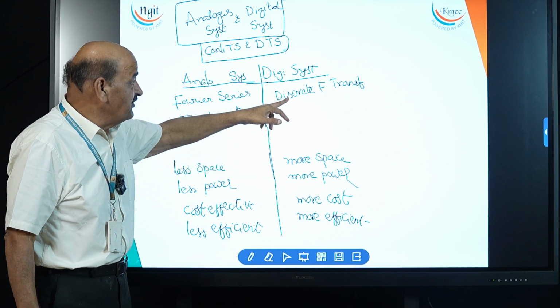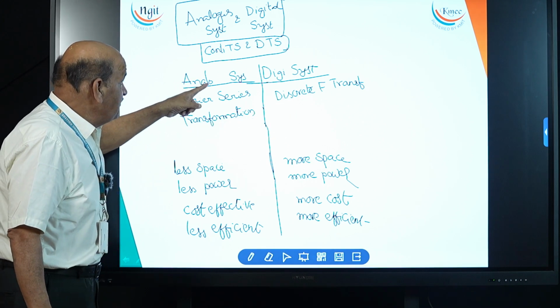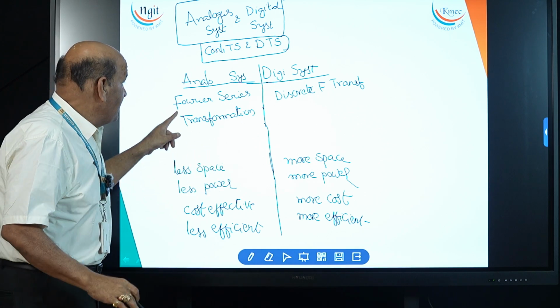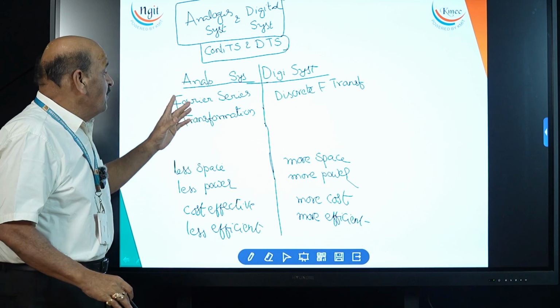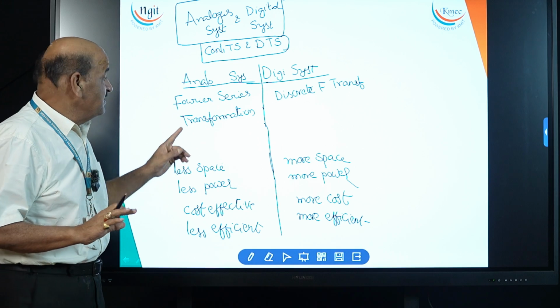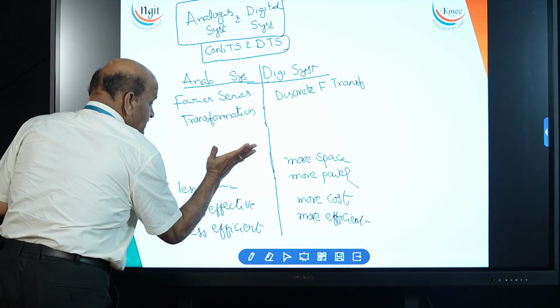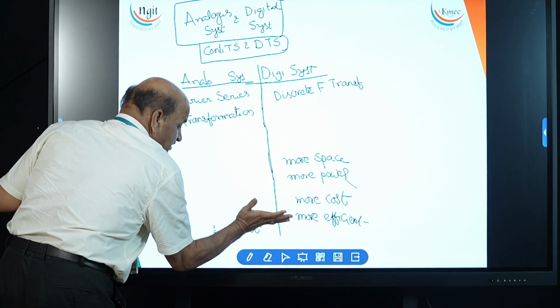Everything is discrete, digitalization. But wherever there is analogous, that means continuous, the representation will be possible only by Fourier series and Fourier transformations. These two are very important. Students have to differentiate, because you already did all these concepts in your previous semesters.